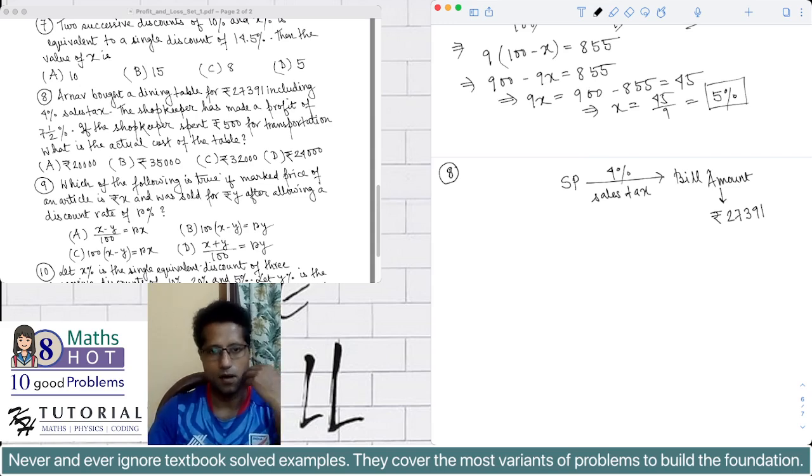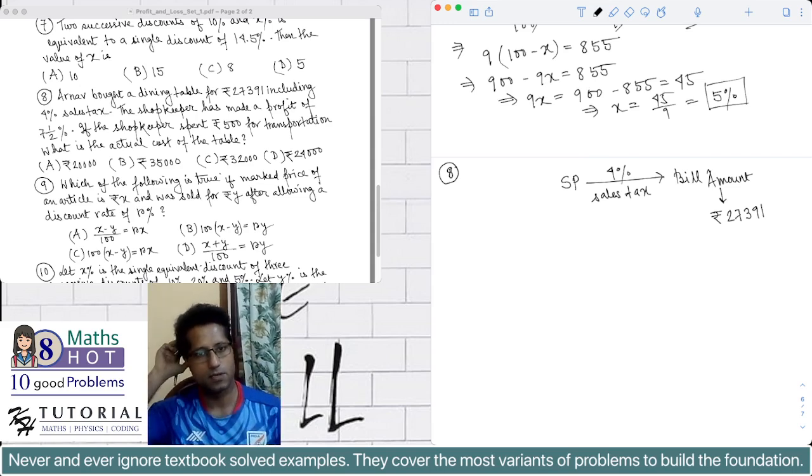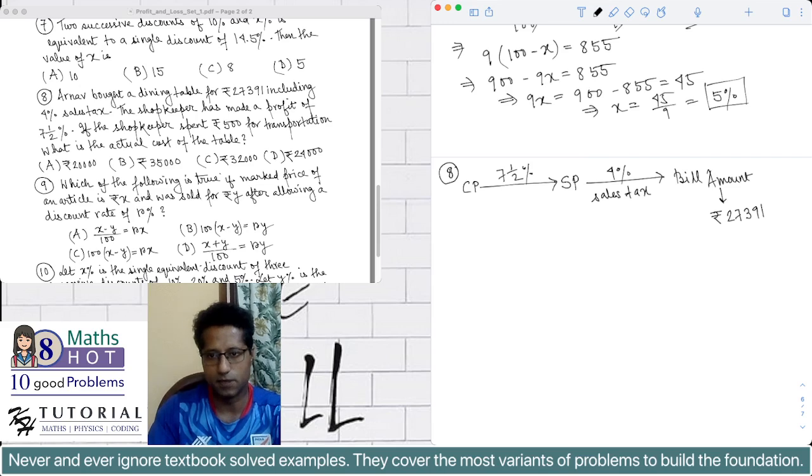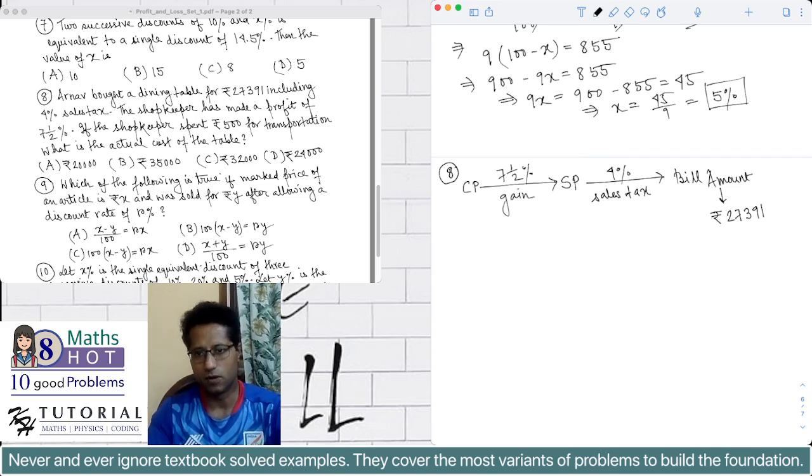That is, what is the actual cost of the table means what is the cost at which the shopkeeper purchased the dining table. So let that cost price be CP, and from CP the shopkeeper made a profit of 7.5%. There was a gain or profit from the cost price. Then we got the selling price.